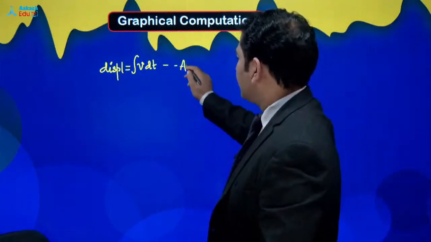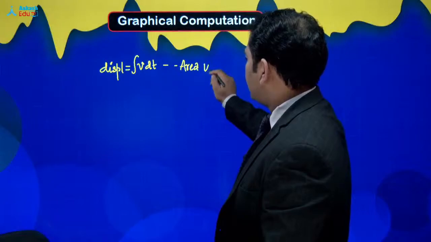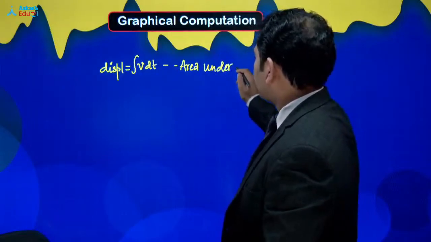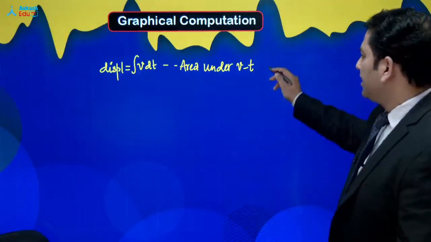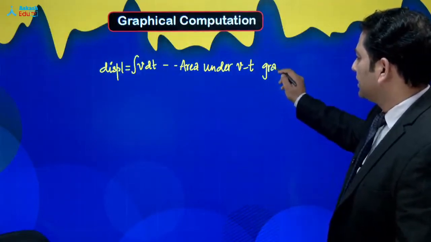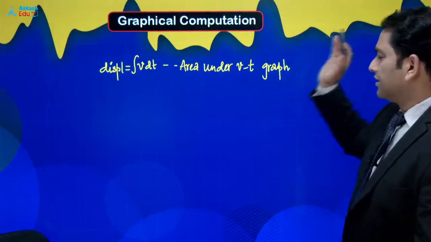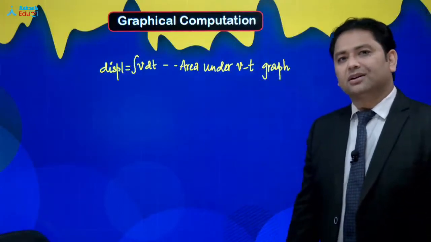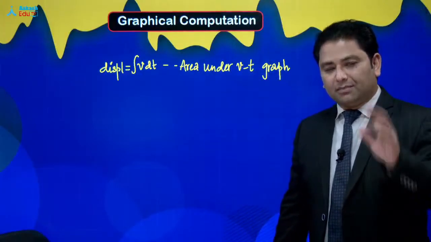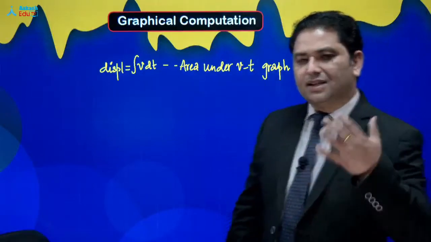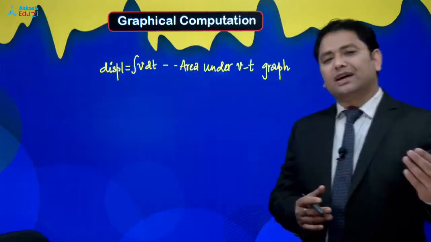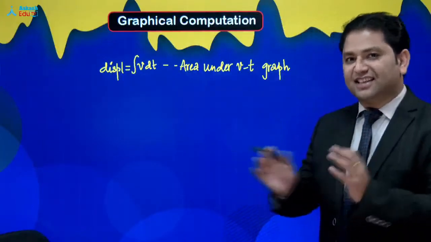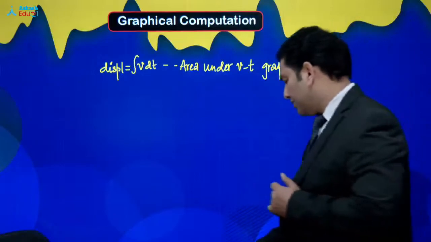This is the area under VT graph. इसे हम ये कहते हैं. This is the area under VT graph. So that is how we compute displacement. But don't forget, VT graph का जो area है, with the help of that, we can also calculate the distance. And now, how does it happen?